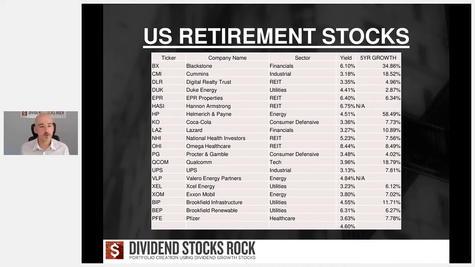We decided to use 20 companies in both portfolios, thinking that a retirement portfolio will probably hit $100,000 and more, but you can definitely use it with $25,000 as well if you want to build a reliable income portfolio, or if you want to invest for your children's education, for example. You can still use the retirement portfolio for that as well.